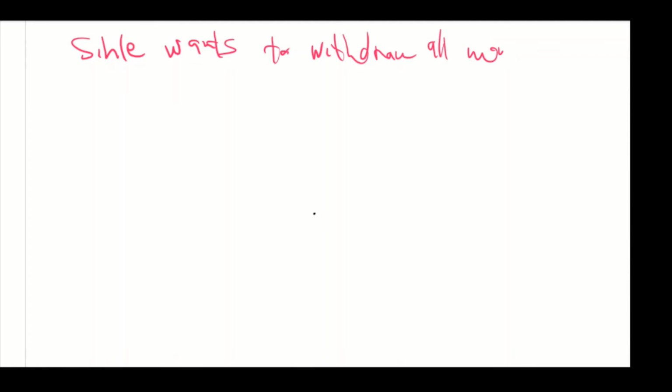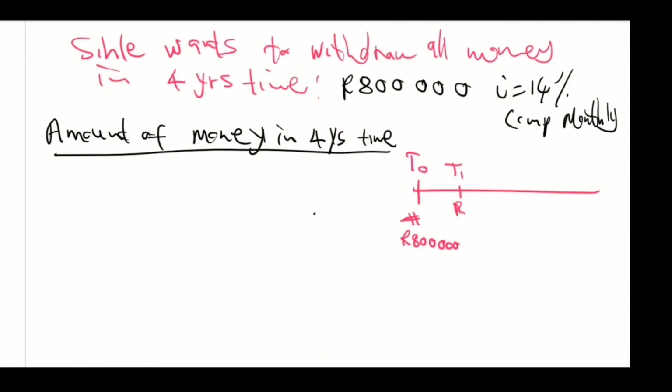So he inserted 800,000 at T0. Then he made withdrawals at T1, but for now we're not really interested in that. But we know that he made constant withdrawals of 10,000. So we want to know at T4, which is 4 years.